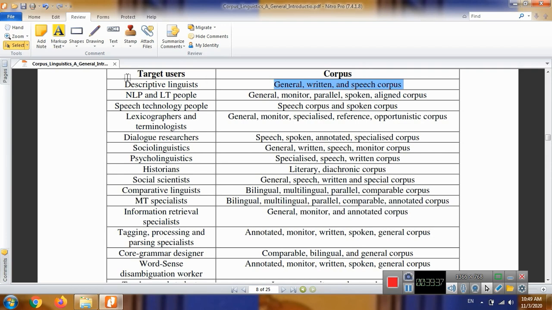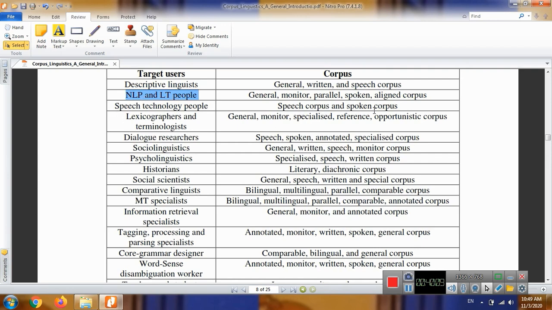For general monitor parallel spoken aligned corpus, our target generally can be NLP and LT people. They are the abbreviation of some words which are in the body of text.